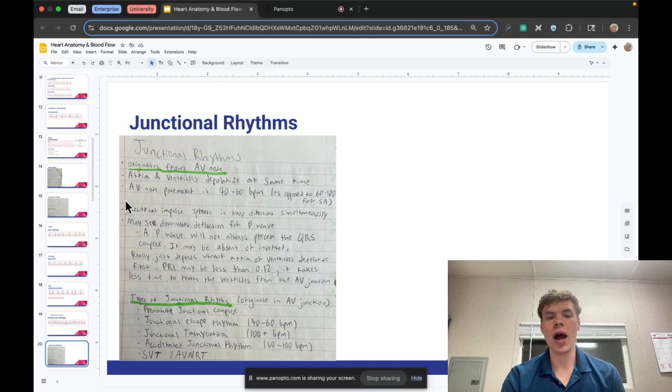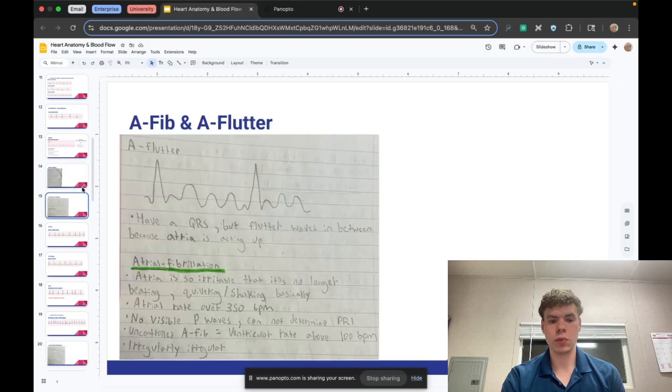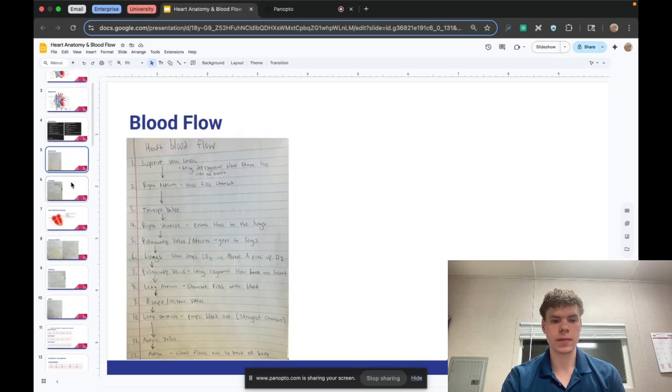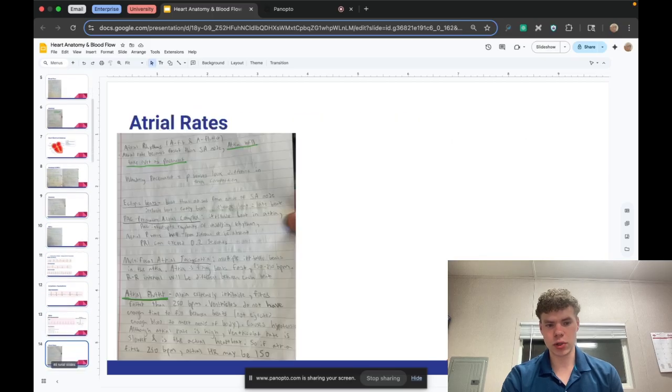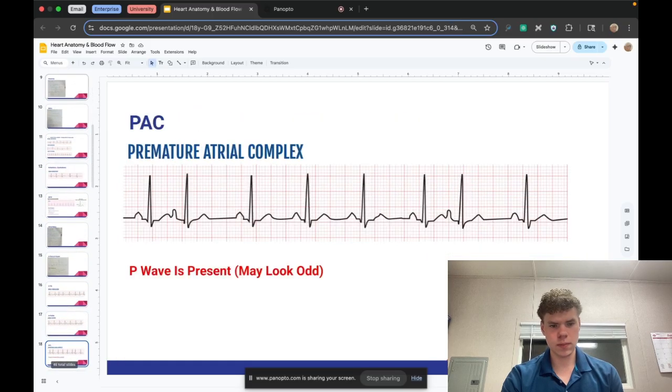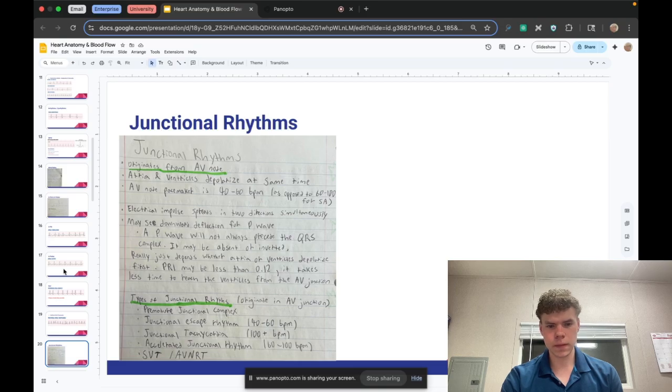The PR interval, which is this, for a junctional rhythm may be less than 0.12 because it takes less time to reach the ventricles from the AV node as opposed to the SA node, because it's lower, right?